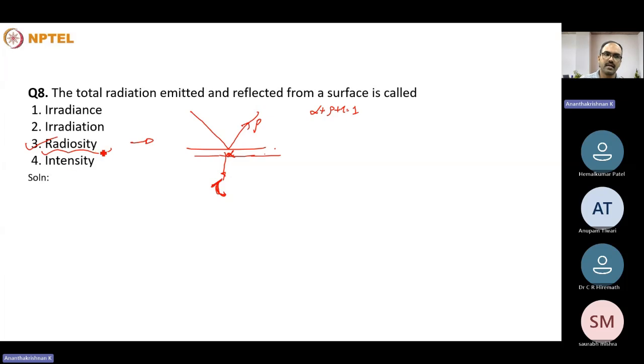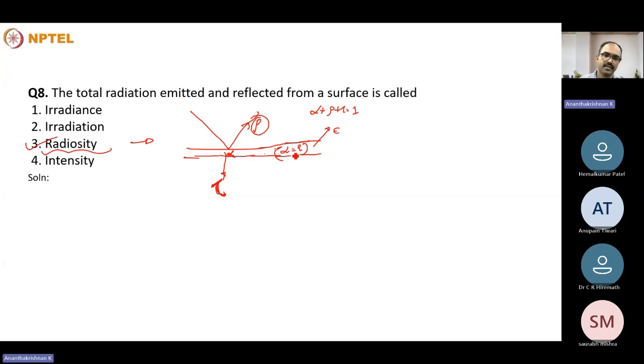So the quantity asked in this problem is radiosity. What is it? There is this reflected portion, and in a steady state heat transfer, by the application of Kirchhoff's law, alpha will be equal to epsilon. That is, the component of the irradiation that is absorbed will be equal to the emitted component.